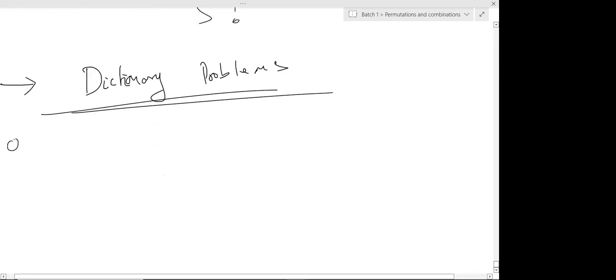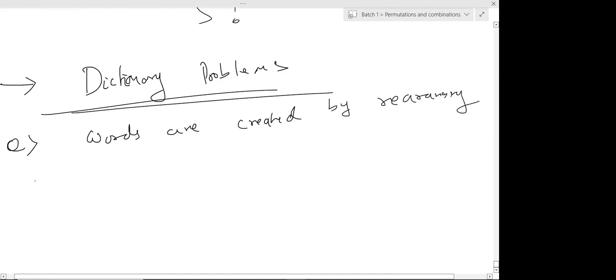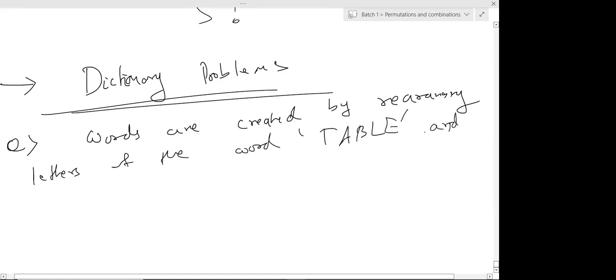Write down a question. Words are created by rearranging letters of the word table and arranged alphabetically.